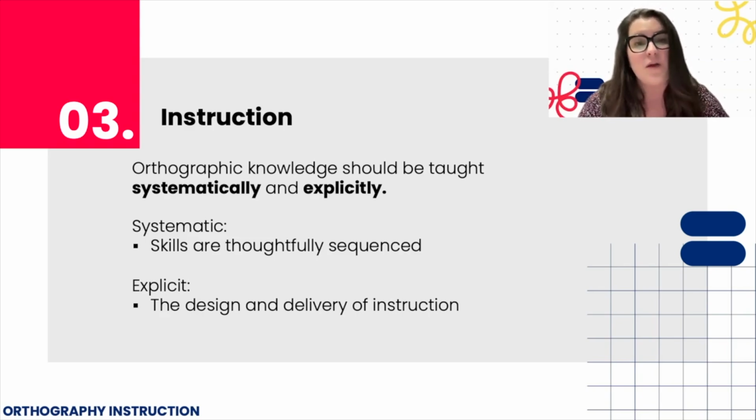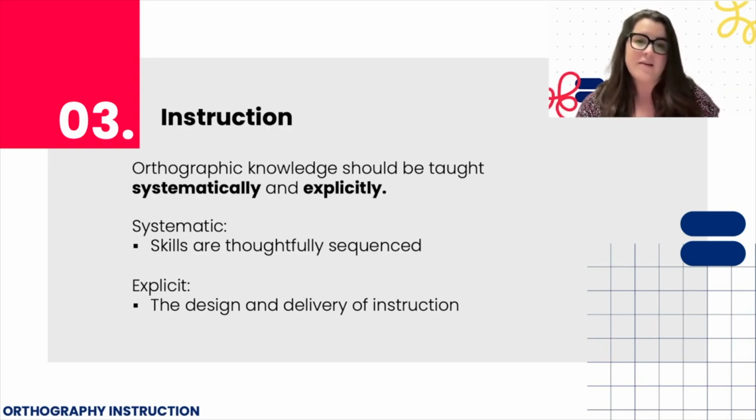This is a predictable and regular tendency and is much simpler for developing readers and writers to learn than, for example, lower frequency spellings or tendencies that might not be as predictable. When considering explicit instruction, it's essential to examine both the design and the delivery of the teaching. We need to carefully plan these elements to ensure optimal student learning.